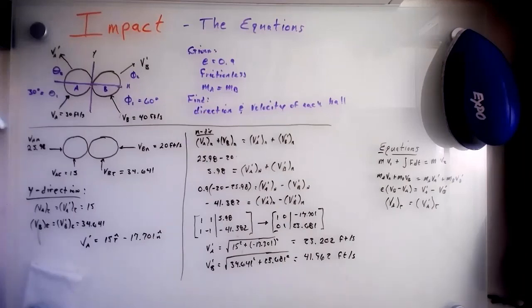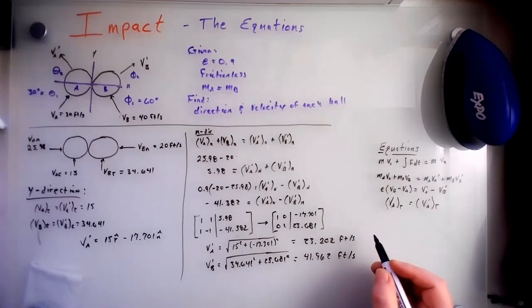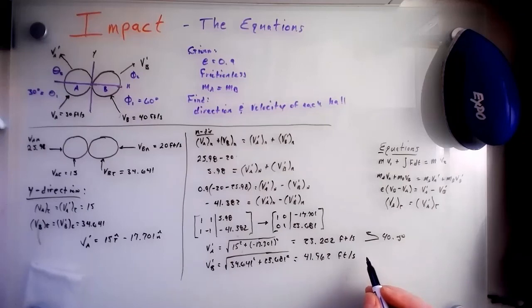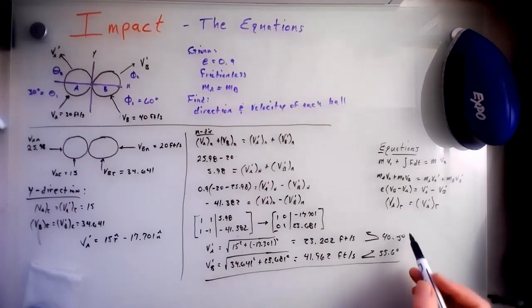And when we run that, we get that for VA this is 40.3 degrees, and VB, this angle here, is 55.6 degrees, right? And that is our solution.